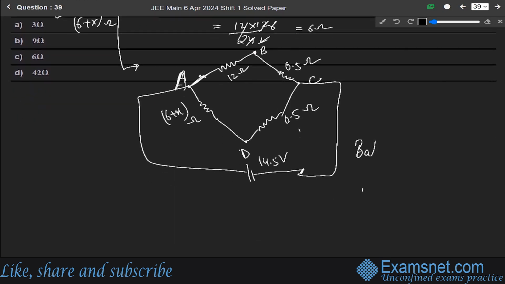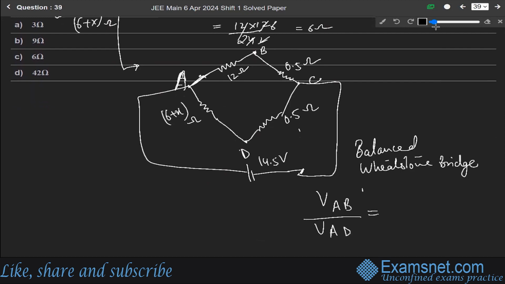Okay, this is the case of balanced Wheatstone bridge. So now for this we can write potential between A and B over potential between A and D must be equal to potential between B and C over potential between D and C, whatever you write.